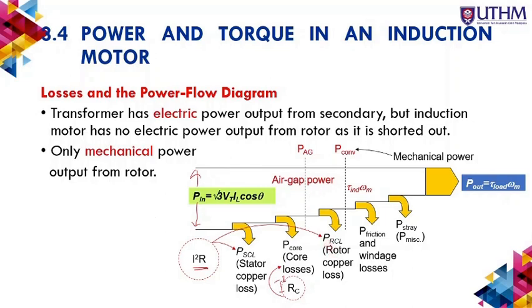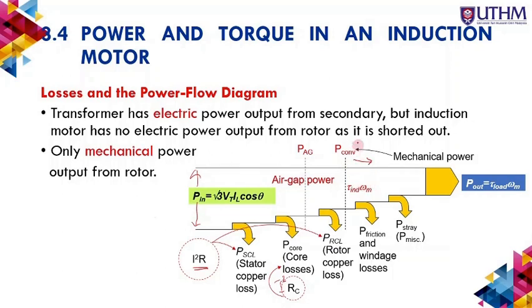After that, there are some rotor copper losses. At the rotor side there is a winding, and since the winding is copper, there are copper losses. Up to here they count as converted, from electrical to mechanical. So at this side it is already converted to mechanical.